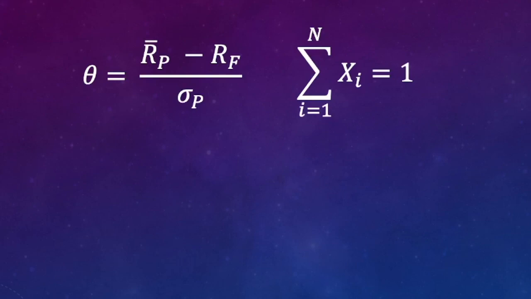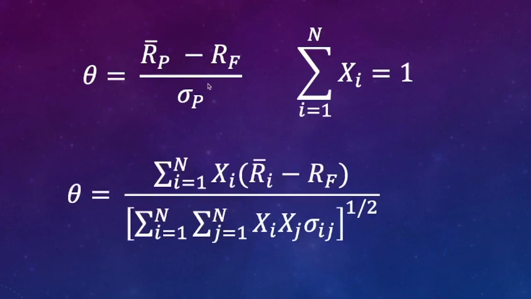So let's actually try to substitute this equation directly inside this one, right? So the coefficient of RF is 1, and this entire sum is equal to 1. So if we put the sum of xi over here, and then we actually expand the formula of RP bar, which is the sum of xi ri, right? Then we take the xi common, which is xi times ri minus rf, right?